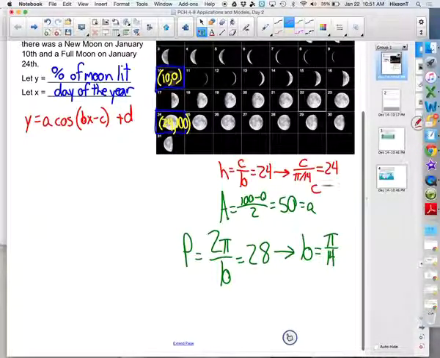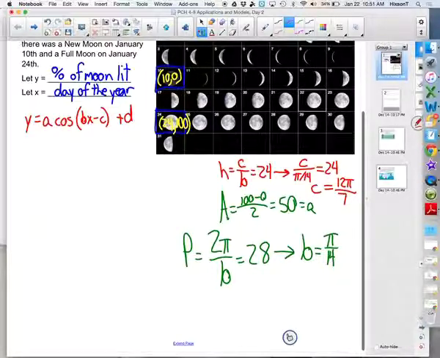So what does C equal? Times 24. 24 pi over 14. Oh, I see. Yeah. And then that will reduce down to 12 pi over 7, right? So 12 pi over 7.